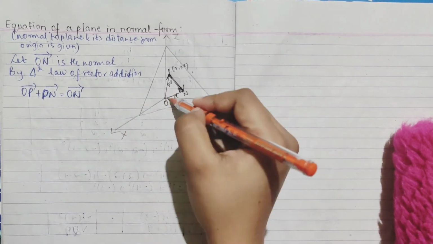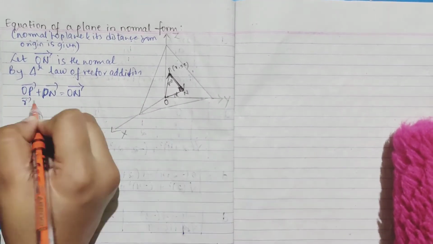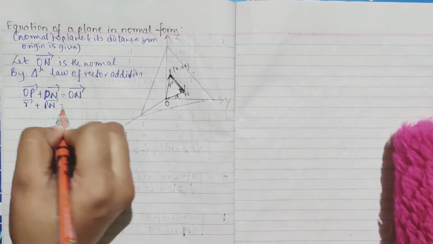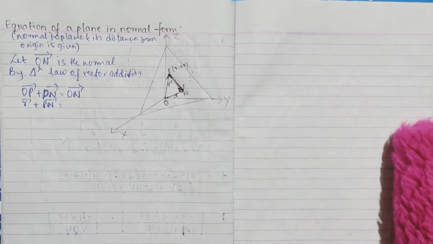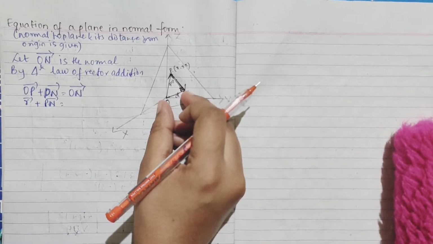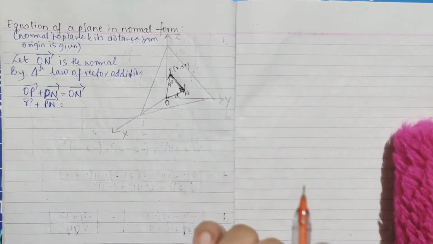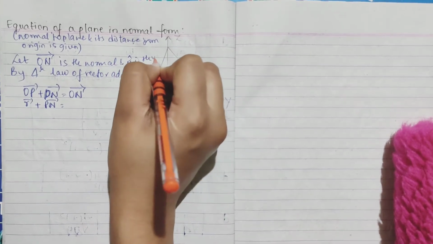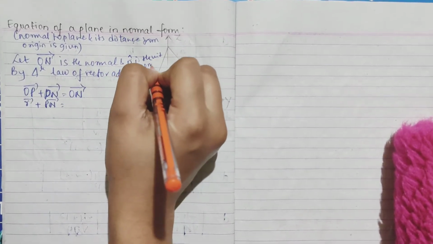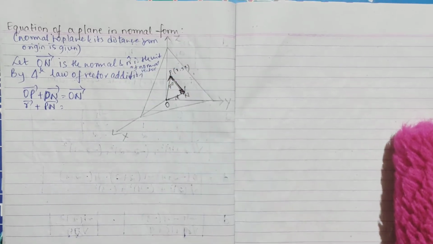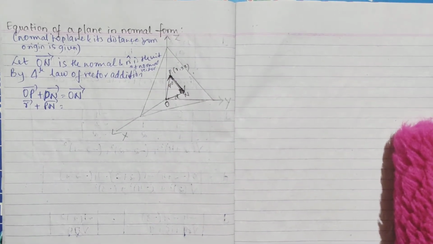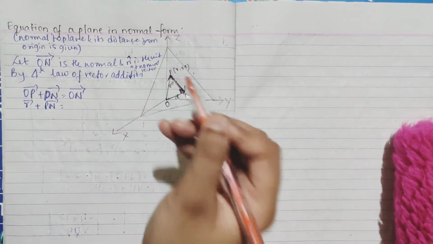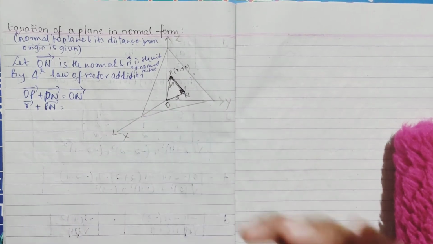Now OP vector is in the r direction, vector r. PN vector we don't know, so we have to find this. ON vector, they have taken as your normal. Along this we have n cap, the unit vector of your normal vector.